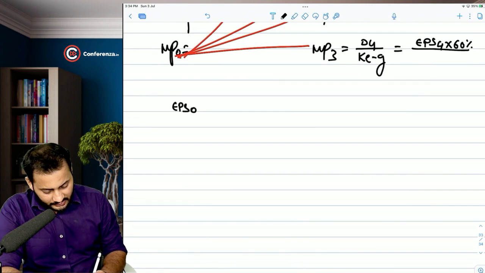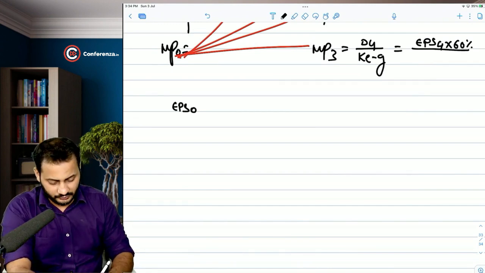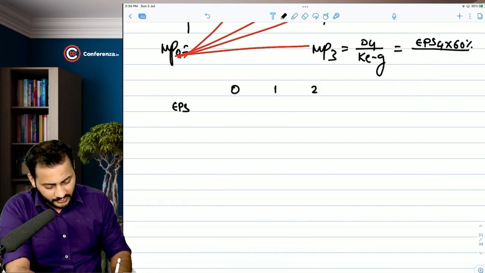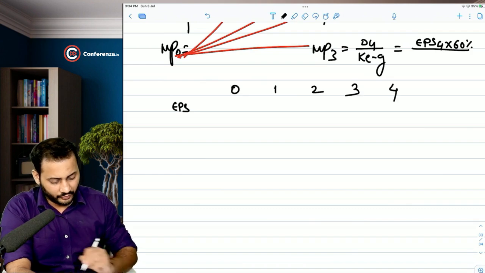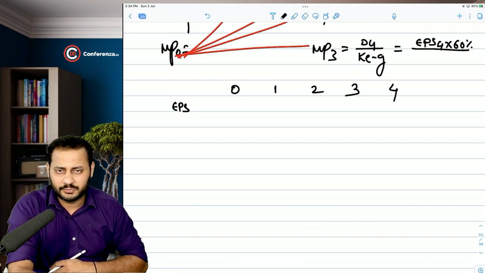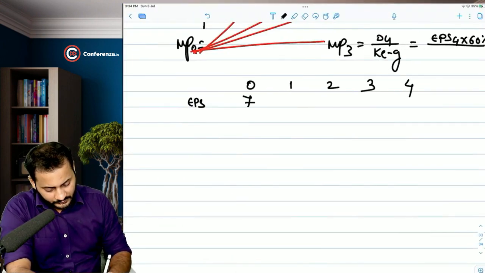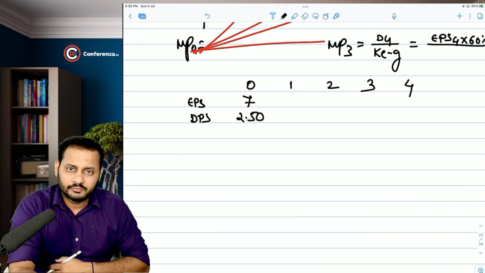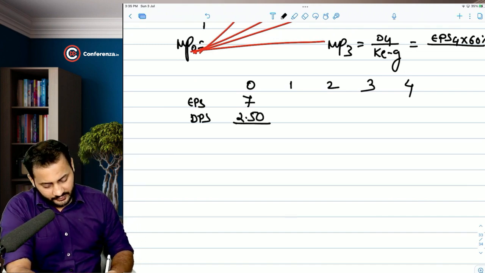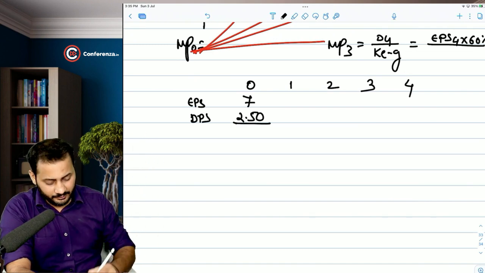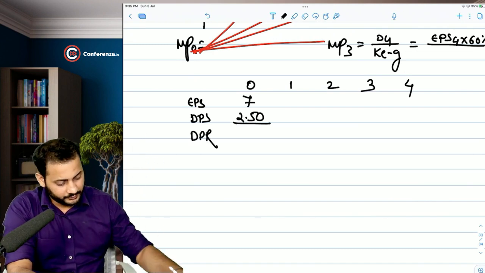EPS 0 is given to you, or we can say 0, 1, 2, 3 and 4. Let's calculate till this point. Right now the EPS is 7 and the DPS is 2.5. Okay. If we do the calculation of DPS by EPS, we will get the dividend payout ratio.